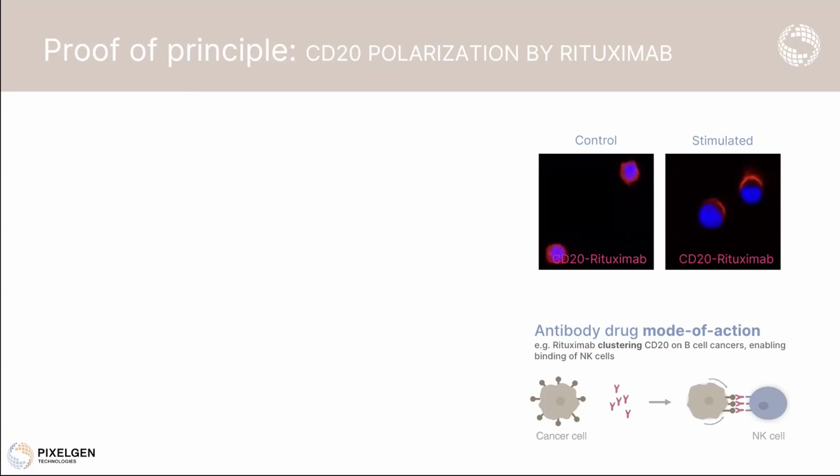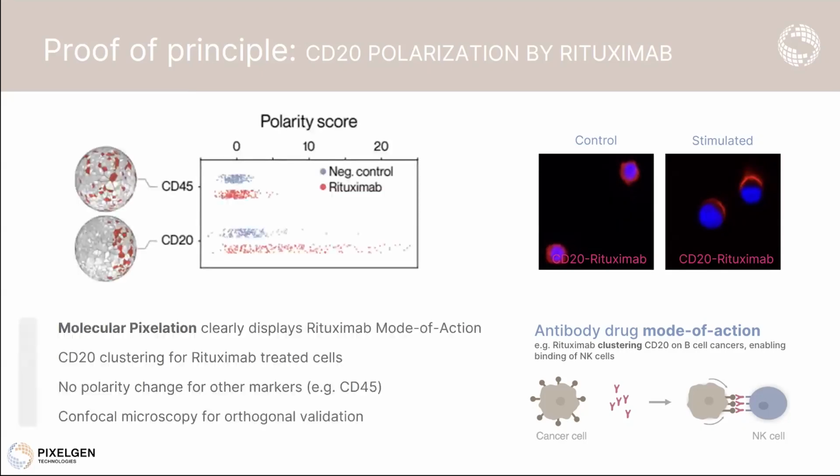And then we ran that through molecular pixelation. And what we can see here is, well, the same thing, but if we just look at these dots here, each dot represents a cell. The blue one is the negative control, so without rituximab, and the red one is CD20 with rituximab. And as you can see, for CD20, it's kind of centered around 0 with the negative control.